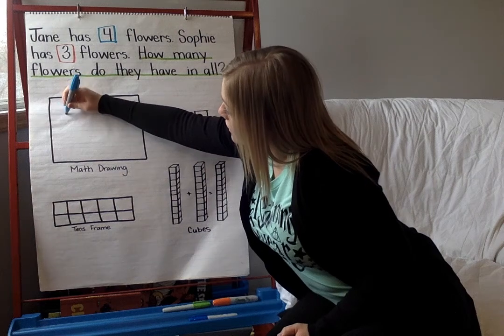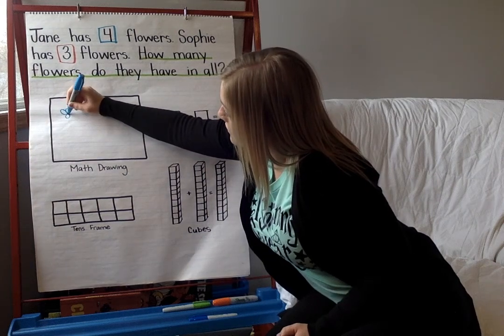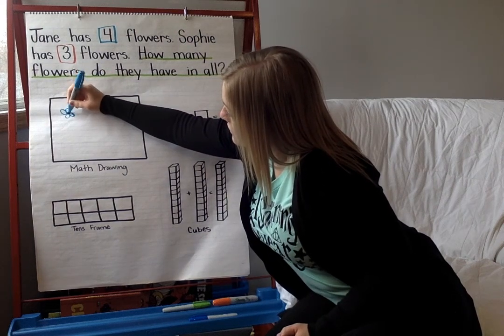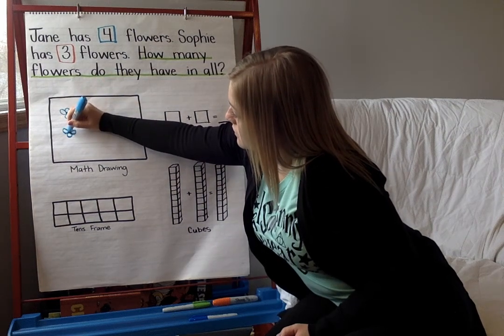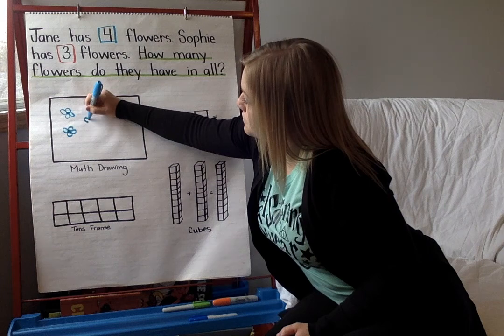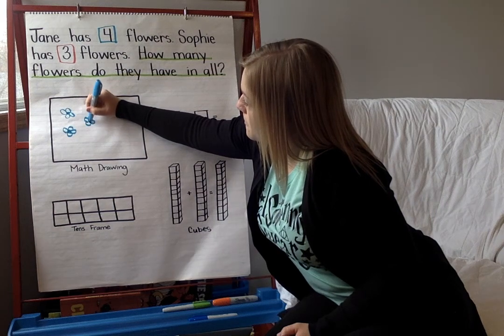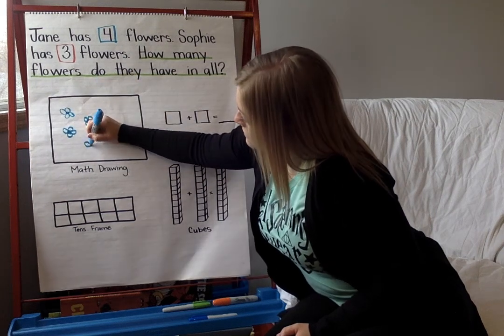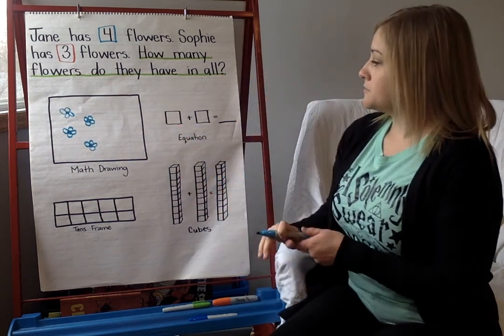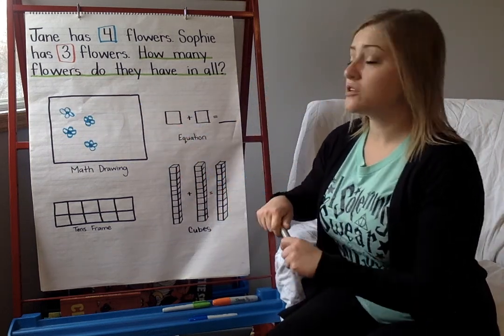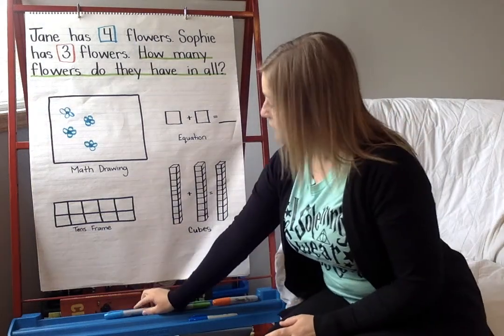So down here, I'm going to draw some flowers. 1, 2, 3, 4. I have 4 of my blue flowers to tell us that Jane had 4.